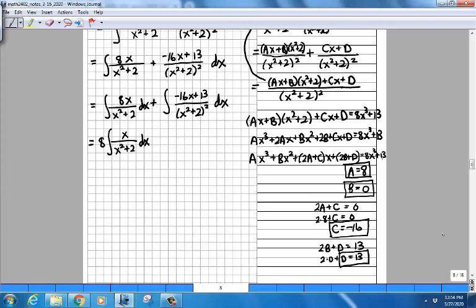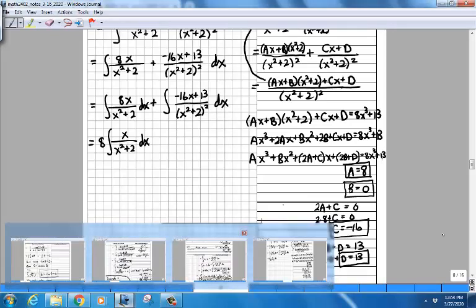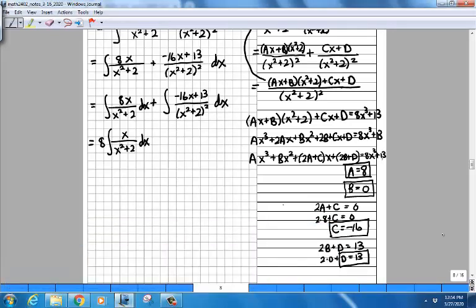Notice the derivative of x squared plus 2 is 2x, not just x, but that's close enough. So that's a hint that we can integrate this by substitution. This one I will break up into two antiderivatives in order to attack it.